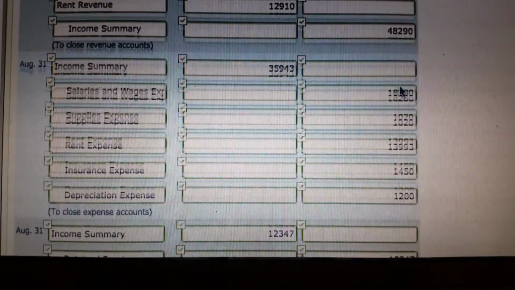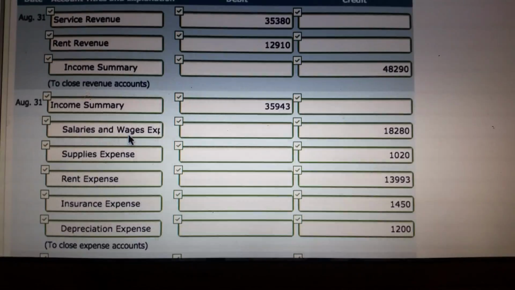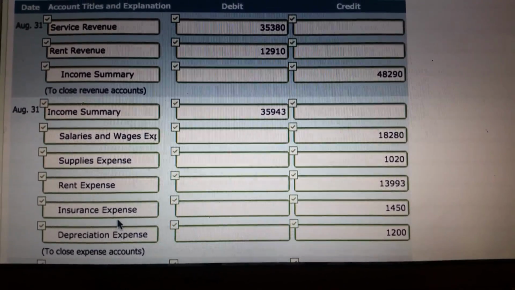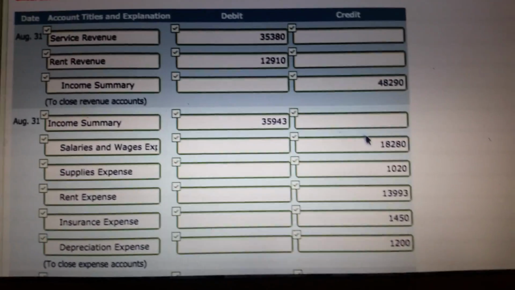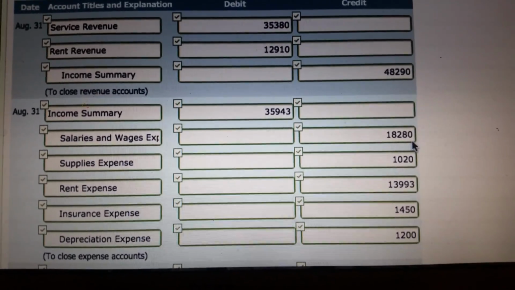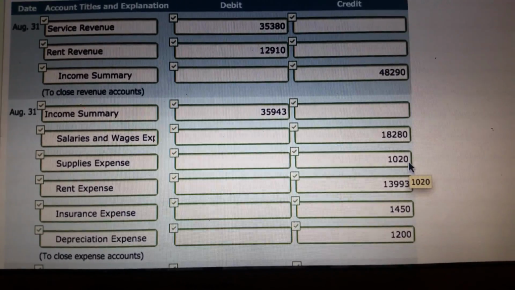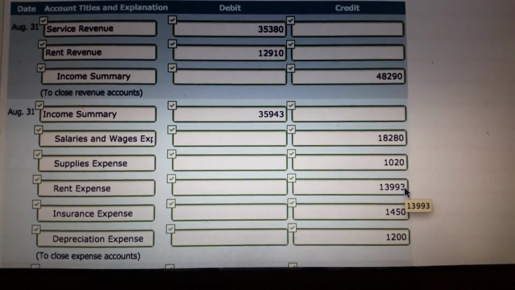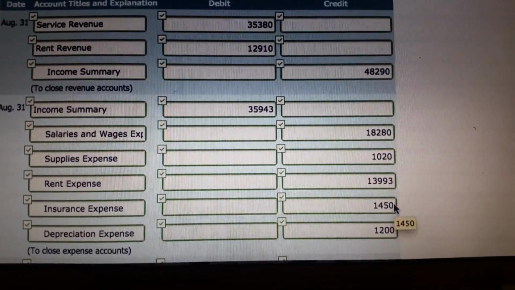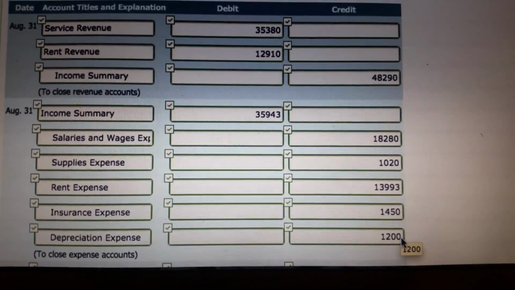And as we look on down here, we are putting our salary and wages expenses, supply expenses, rent expenses, insurance expenses, and depreciation. Our salary and wages came up to 18,280, our supply expenses at $1,020, our rent expenses at 13,993, our insurance expenses at 1,450, and our depreciation at 1,200.